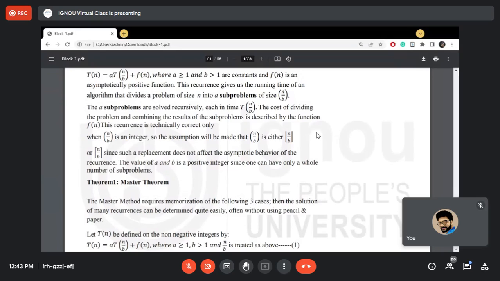Replacing it with a ceiling or a floor function does not affect the asymptotic behavior of the recurrence. Both are correct because we are making an assumption. But you always take a and b as positive integer values and n divided by b as an integer value.